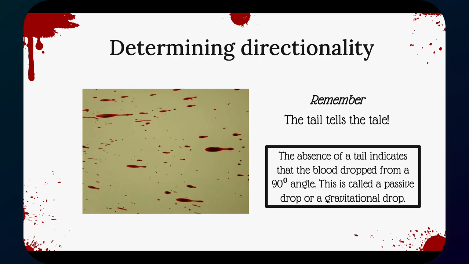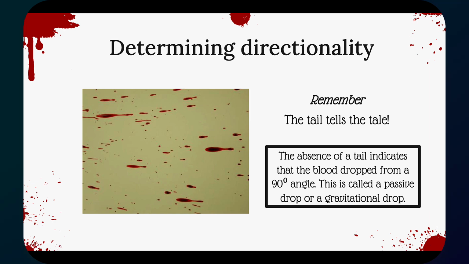Blood always travels in the direction of the applied force. So the direction of travel of blood striking an object may be discerned because the pointed end of the blood stain always faces its direction of travel. If we're looking on these, here's the pointed end. So that means the blood came from here and is traveling this direction.